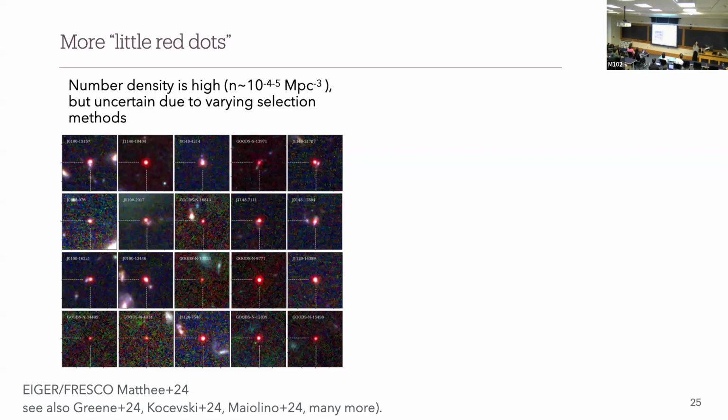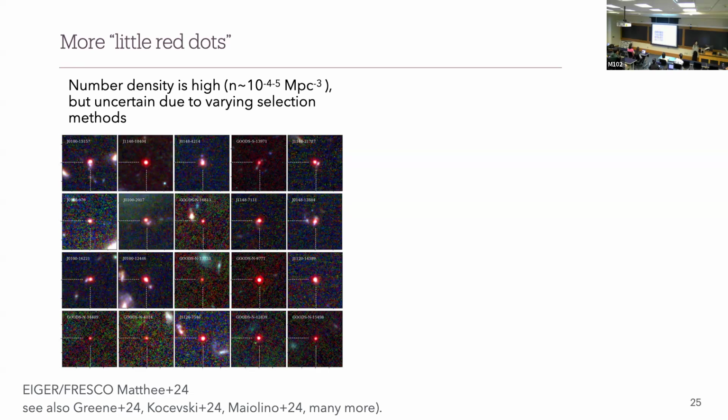And as we have more data from Webb, we started to find more of those little red dots. They seem to appear in every pointing in Webb. So the implied number density, even though the selection criteria vary, is very high. That means whatever they are, they play a very important role in the evolution of early galaxies and black holes.